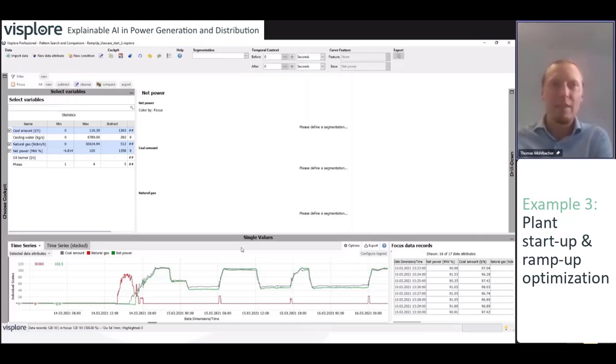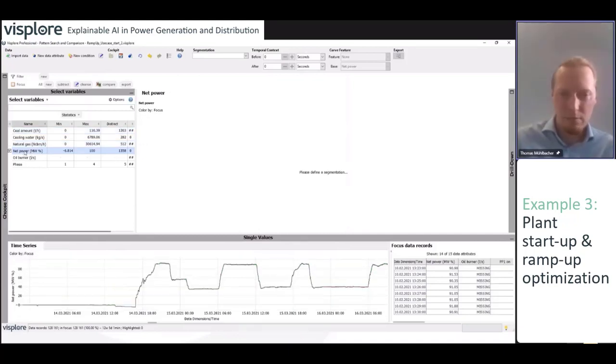To optimize this, the asset managers want to analyze this data not in the raw time series, but actually in terms of the ramp-ups. So how much gas is used per ramp-up? And for this, we need to segment the time series into these ramp-up procedures. And this is supported by the tool with a pattern search feature.